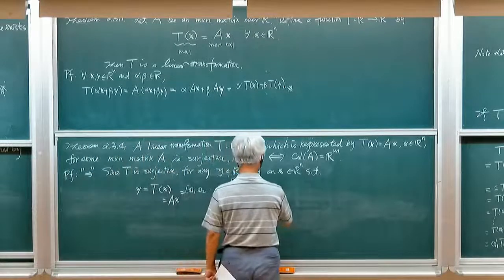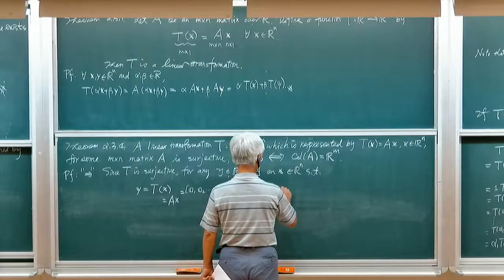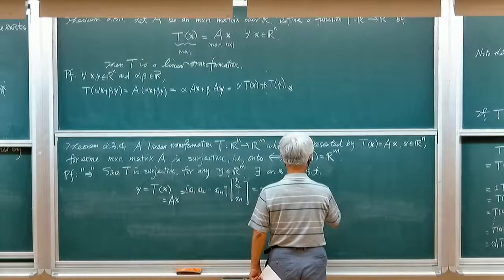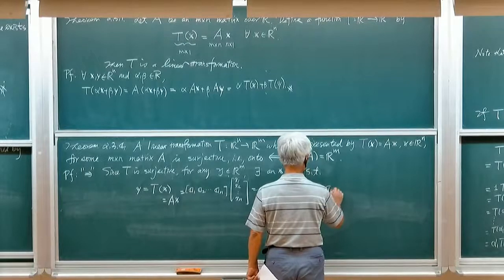So this is x1 A1 plus x2 A2 plus up to xn An.